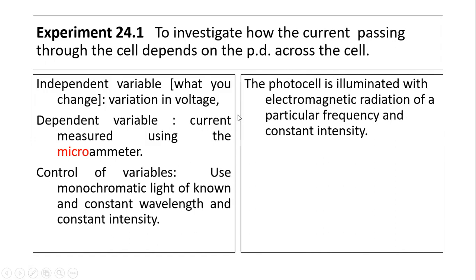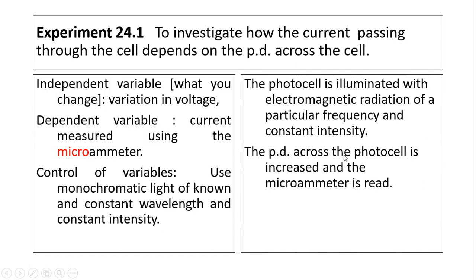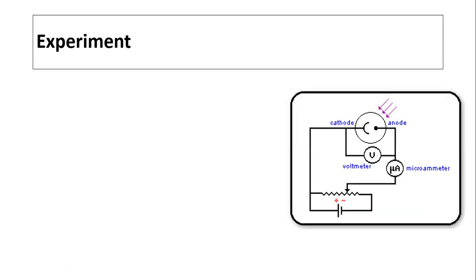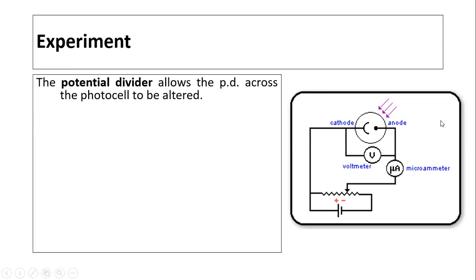The photocell is illuminated with electromagnetic radiation of a particular frequency and intensity. The PD across the cell is increased and the microammeter is read. Repeat with the polarity of the cell reversed. Okay, so that's the experiment.